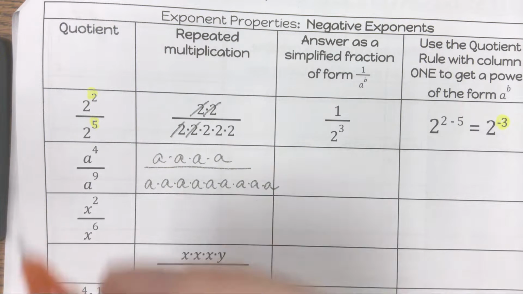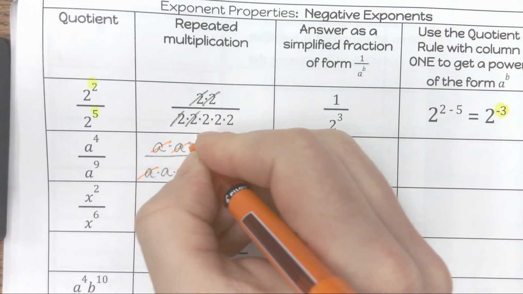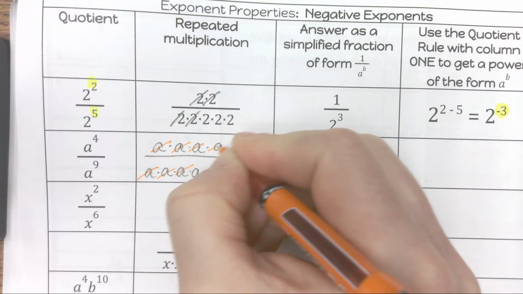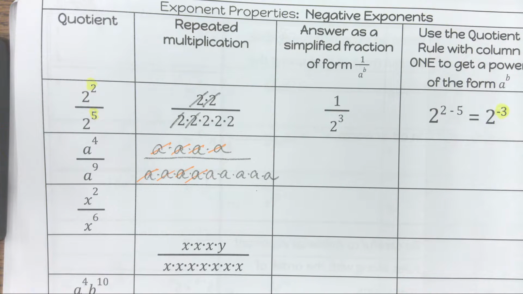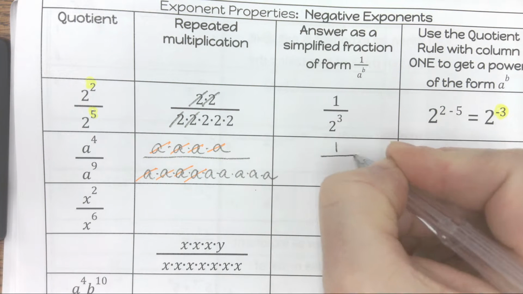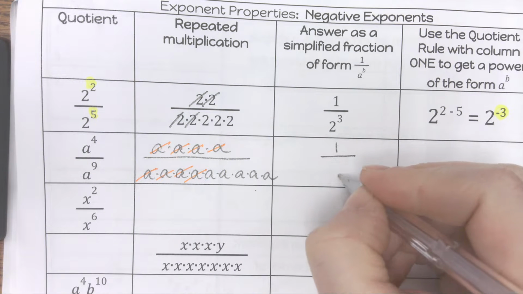We're going to cancel 4 pairs. When we do that, what we have left on top, because a divided by a is not 0, it's 1. We have a 1 left on top. And how many factors of a are still left on the denominator? 5. So 1 over a to the 5th.